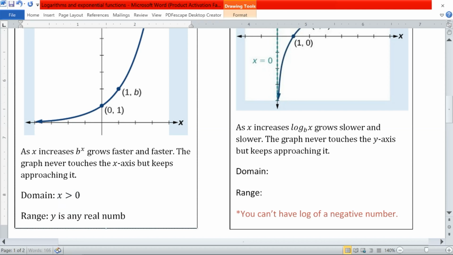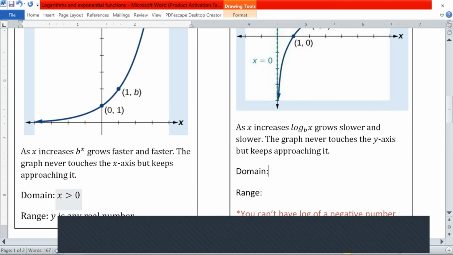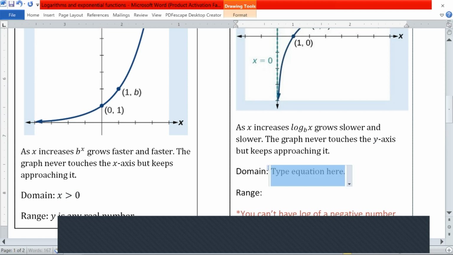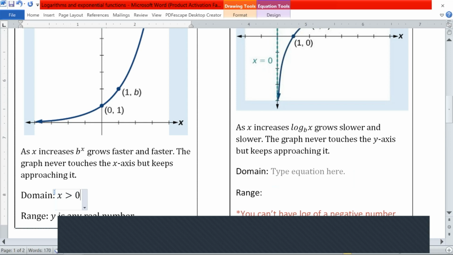And for the domain and range of the logarithmic function, you got the opposite. The domain, did I write this correctly? Why is anyone not saying anything? Did I write this correctly? Domain of the exponential function is it right?